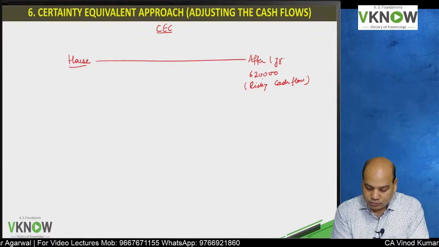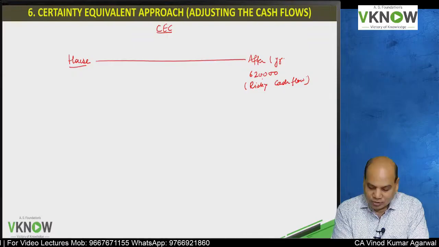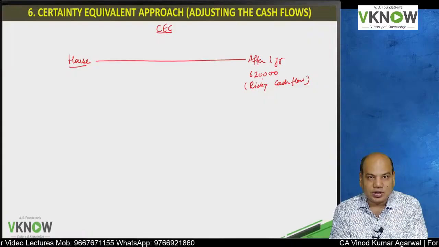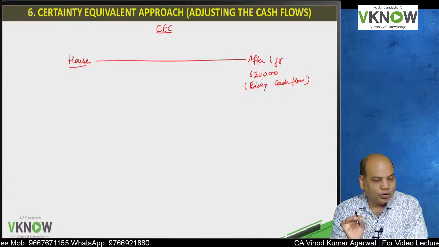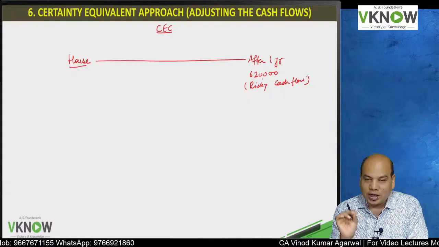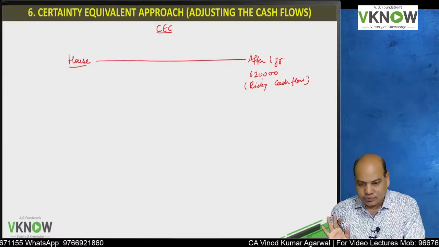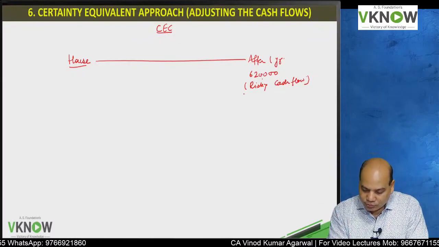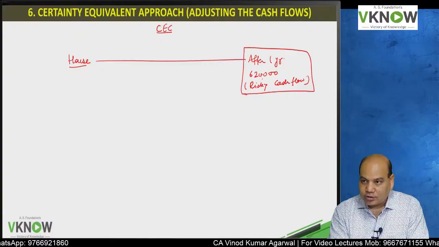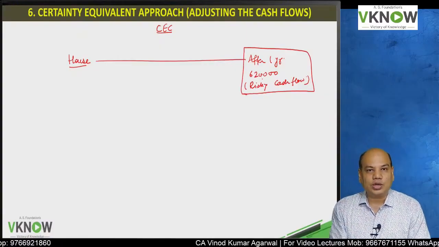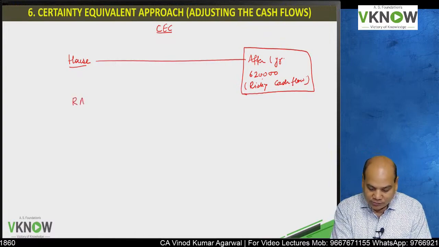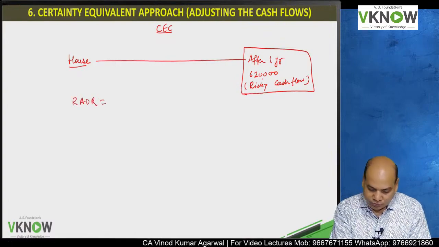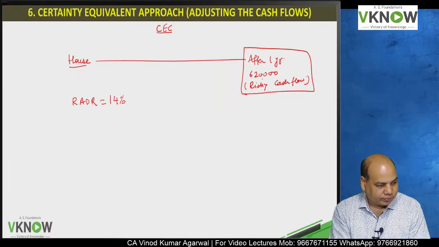Then your friend comes. Your friend says, I am willing to purchase this house. I am going to give you in writing, I am going to give you a guarantee that I am going to purchase this house from you after 1 year. Now, if cash flow is risky, you are going to calculate present value at the risk adjusted discount rate. Let us say the risk adjusted discount rate is 14%.